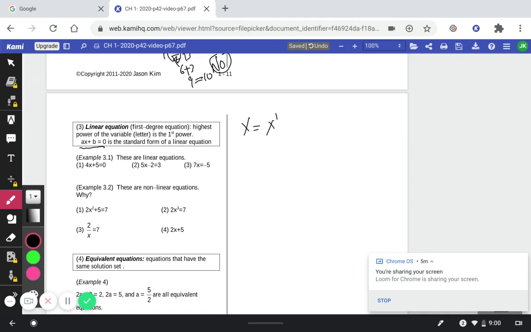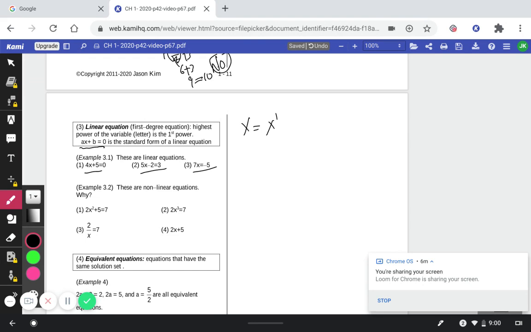Since it has a power of 1, it is a linear equation. So 4x plus 5 equals 0 is a linear equation because the power of x is 1. 5x minus 2 is a linear equation. 7x equals negative 5 is a linear equation.